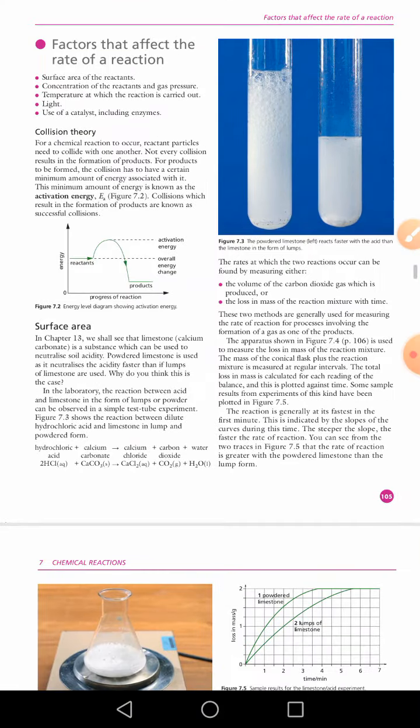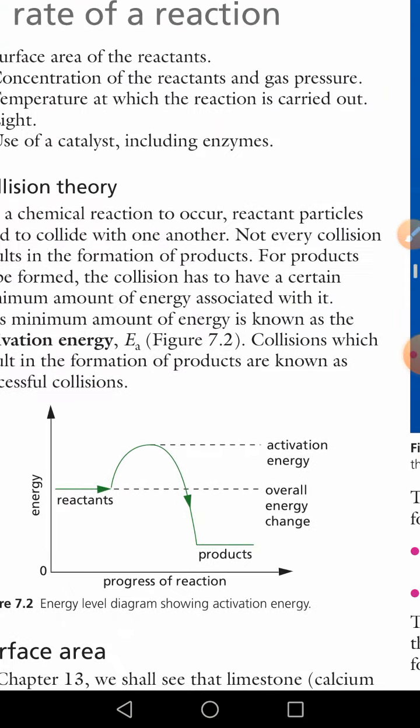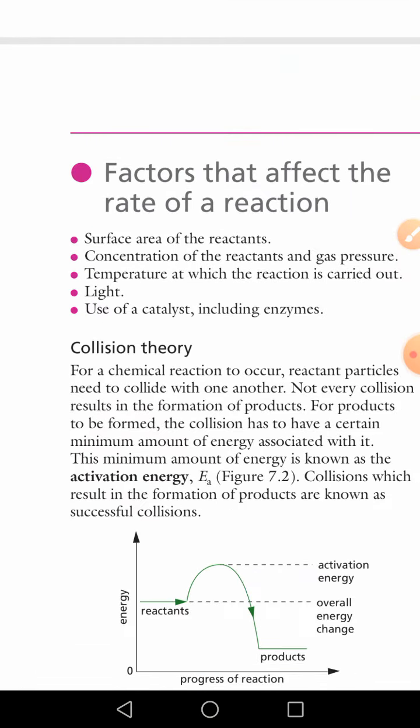Now we have got to know that the collisions between the particles cause reaction. So any factor that affects the strength of the collision or the number of collisions would also affect the rate of reaction.